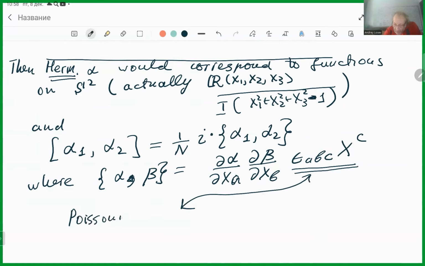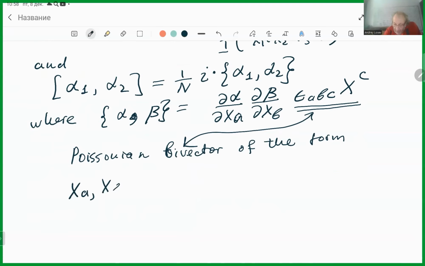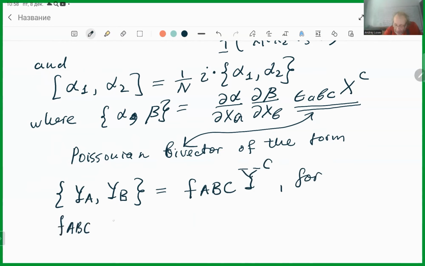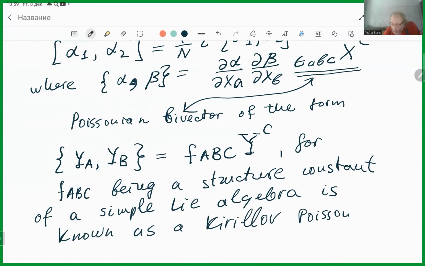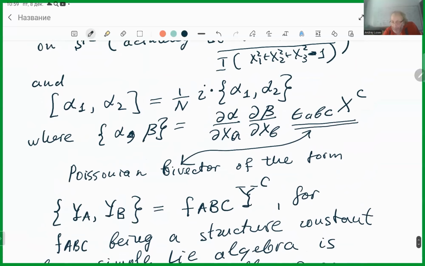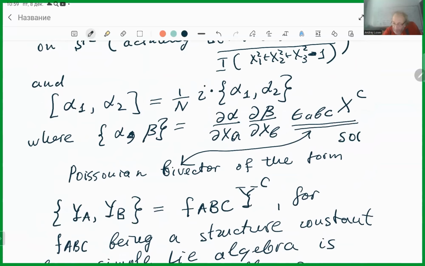This Poissonian bivector, of the form f_abc x_c for f_abc being the structure constants of a simple Lie algebra, is known as the Kirillov-Poisson bracket. And in this particular example, we have it for SO3 or SU2.